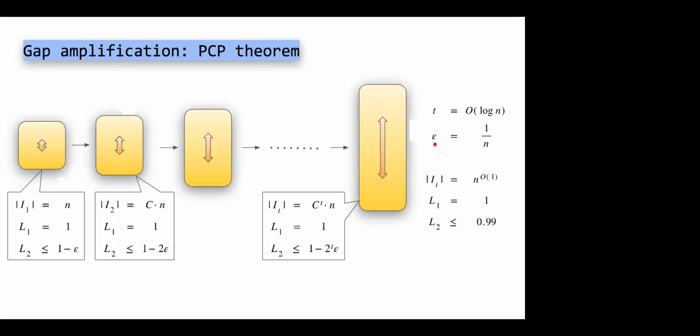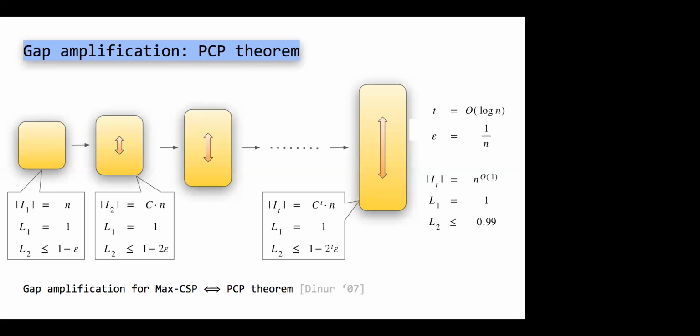So this epsilon can be something as small as 1 over n, where n is the size of the instance. So in fact, we have a classical decision problem with no gap on the left if this problem is unweighted. And after iterating this reduction log n times, we obtain our last instance, which is still of polynomial size, but now the gap from 1 over n becomes something constant.